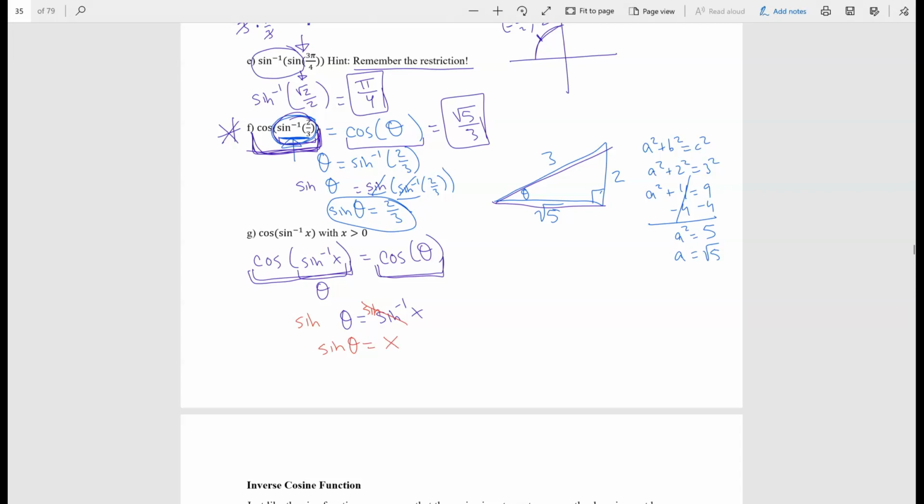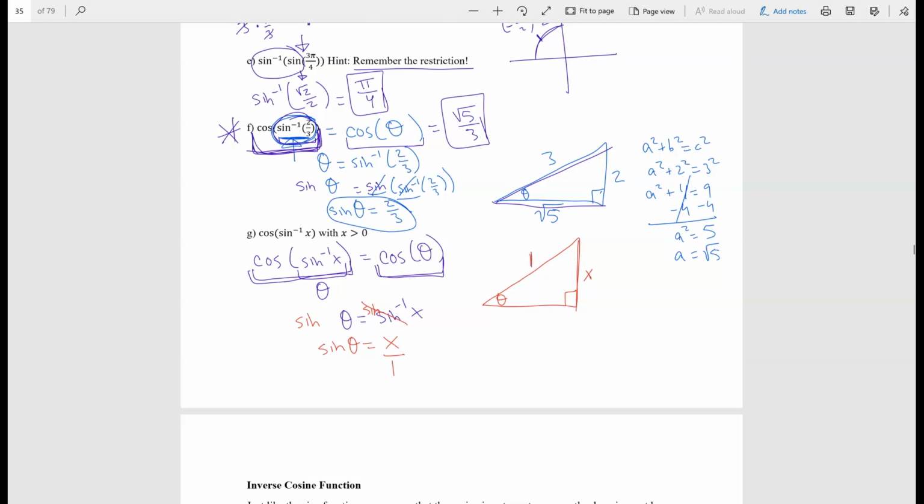All right. So now I'm going to do the same thing that I did before. I'm going to draw a triangle. Okay. So remember, sine of theta is going to be the opposite over the hypotenuse. You can always write this x as x over 1. So there can be an x over here. If this is theta, you have x over there and then a 1.